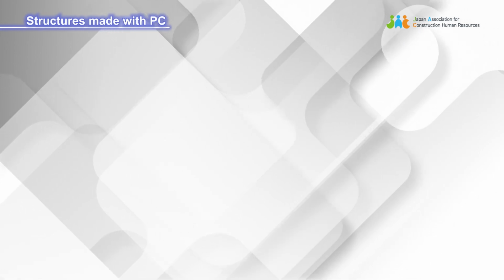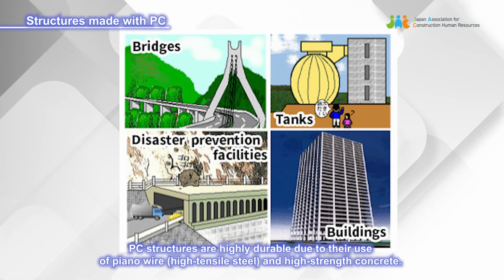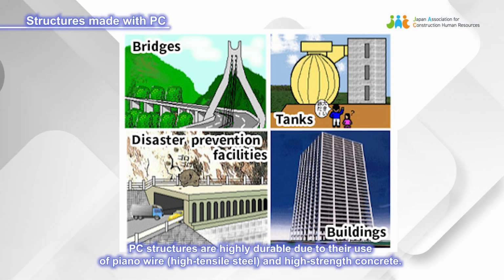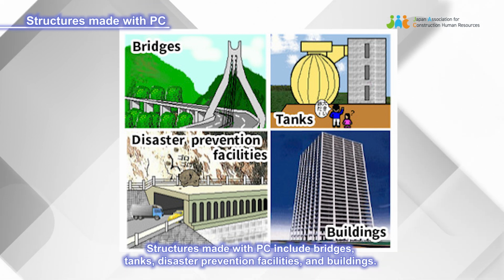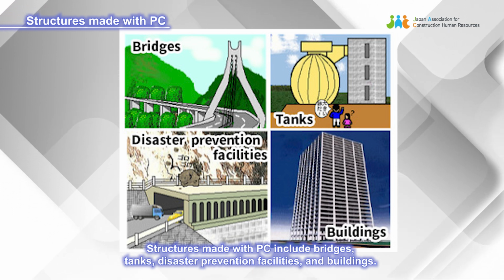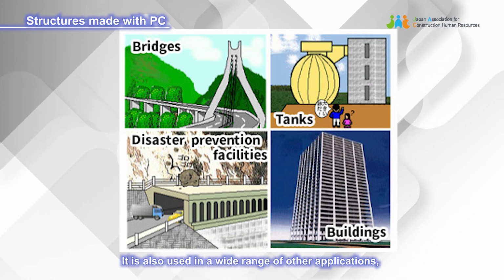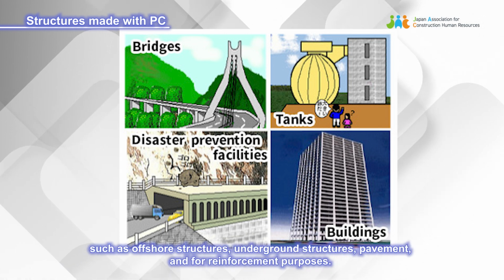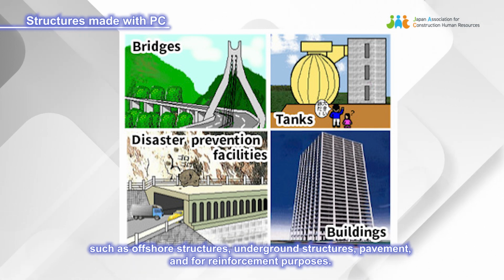Structures made with PC. PC structures are highly durable due to their use of piano wire, high tensile steel, and high-strength concrete. Structures made with PC include bridges, tanks, disaster prevention facilities, and buildings. It is also used in a wide range of other applications, such as offshore structures, underground structures, pavement, and for reinforcement purposes.